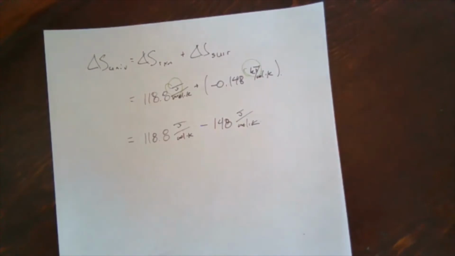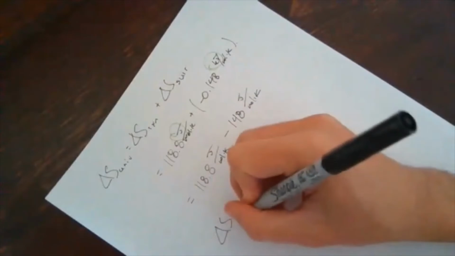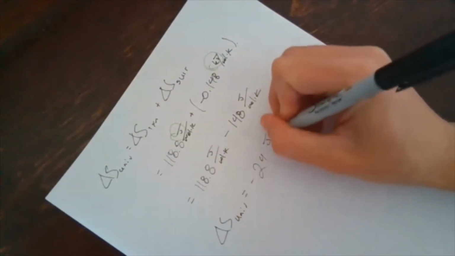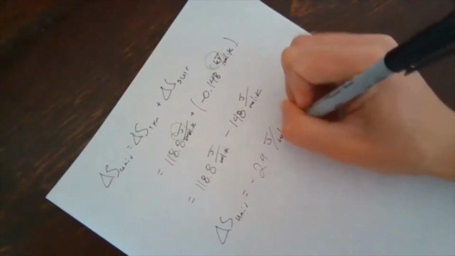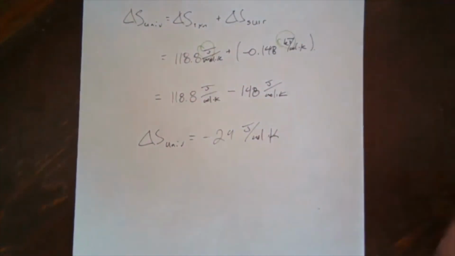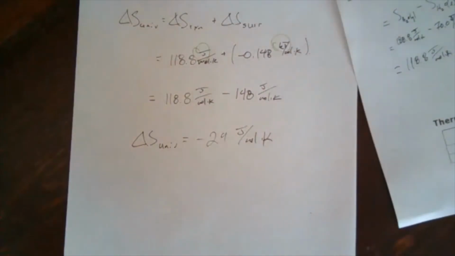And now that those are in the same unit, I can just combine them together, and I would get that delta S of the universe is equal to negative 29 joules per mole Kelvin. So what that tells us is that if this process were to happen at 25 degrees Celsius, if water were to boil, the change in the entropy of the universe would be negative 29 joules per mole Kelvin.